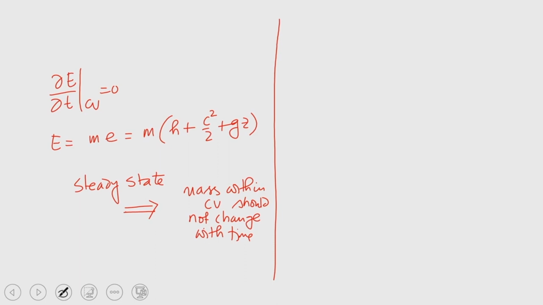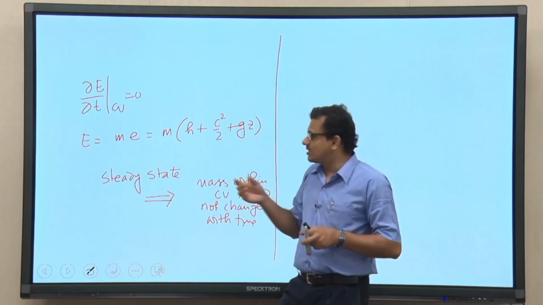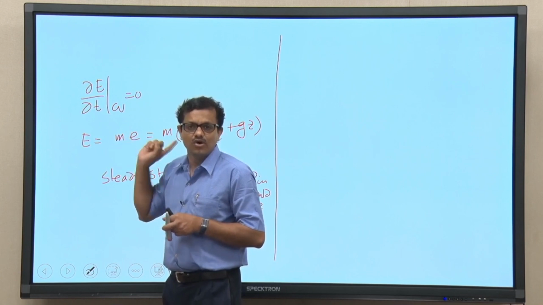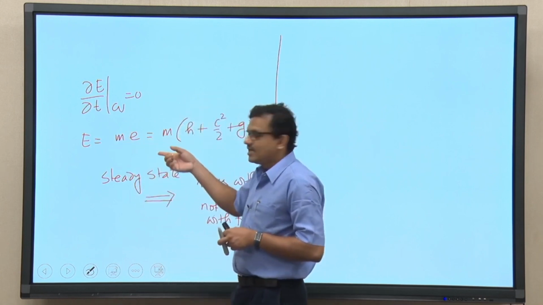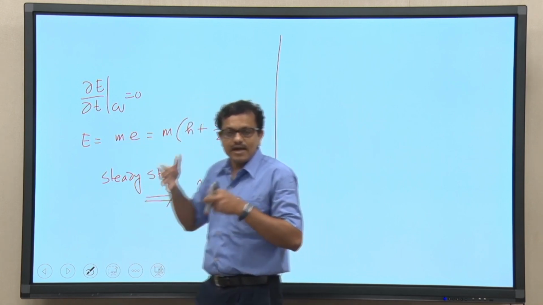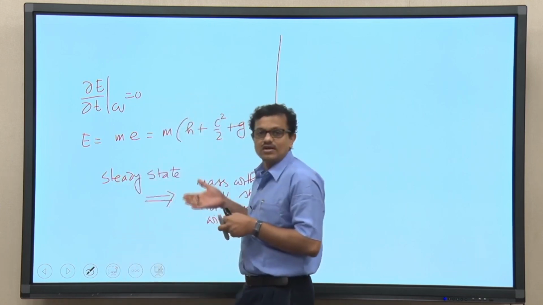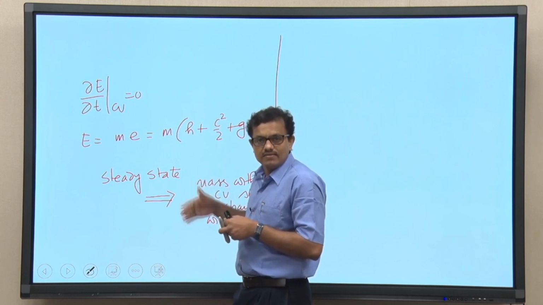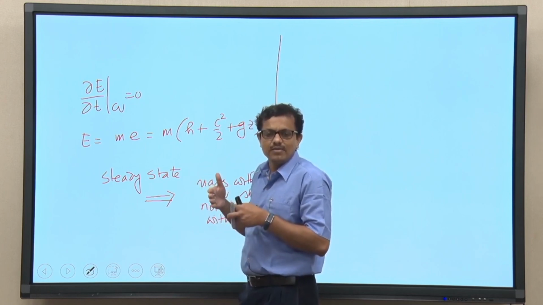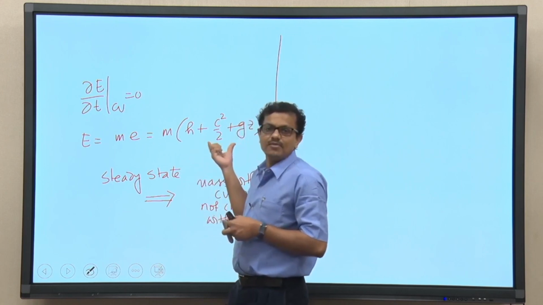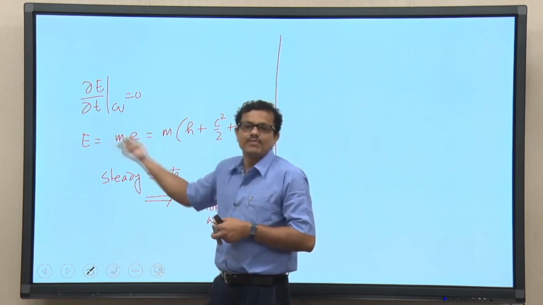If mass does not change within the control volume with time, is it sufficient to ensure that we can write d/dt of the control volume equal to 0? No, because there may be a case that the mass remains within the control volume and does not change with time, but the properties may vary with time. So, the product may vary with time.